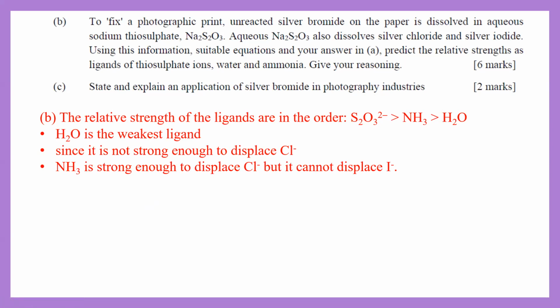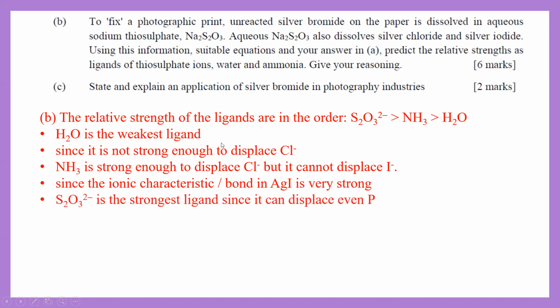So when you add concentrated ammonia to silver iodide, it cannot dissolve, because it is not strong enough to overcome the ionic character in silver iodide. The ionic character in AgI is very strong. Last but not least, thiosulfate is the strongest ligand since it can displace even the iodide.